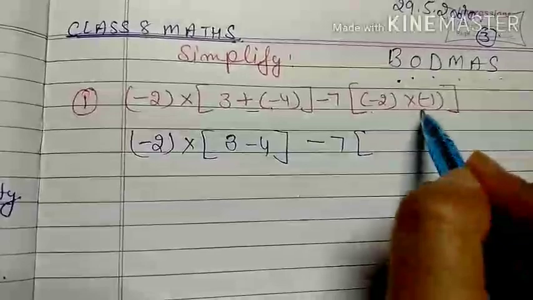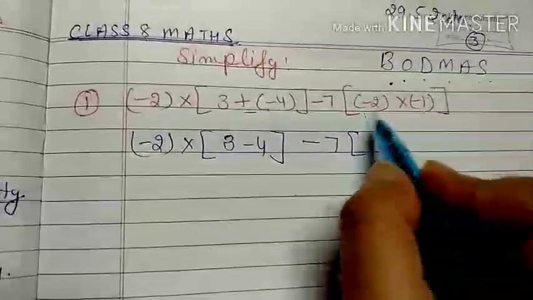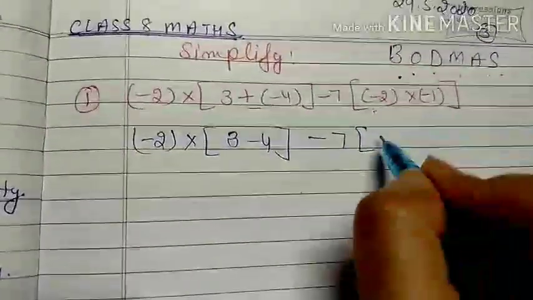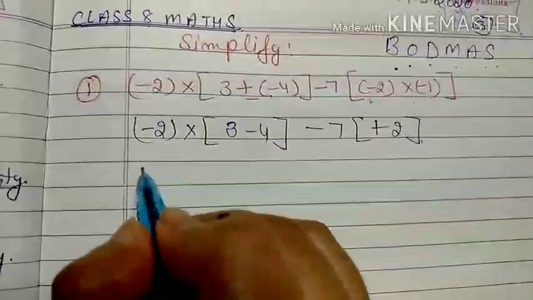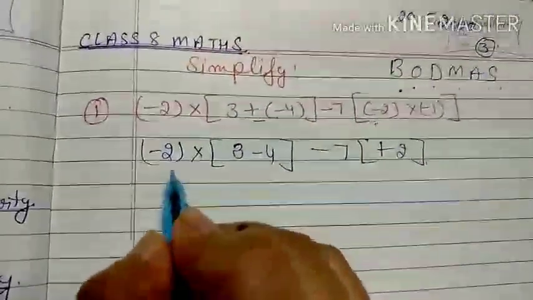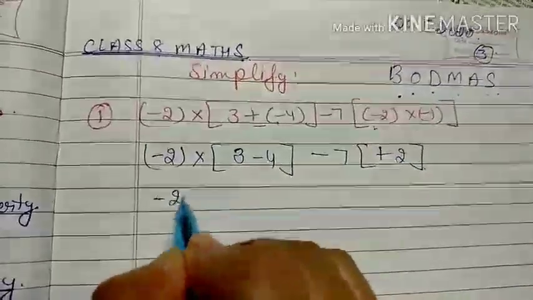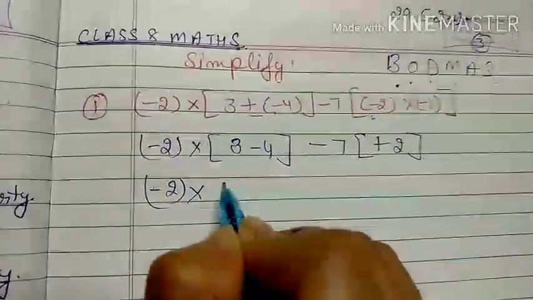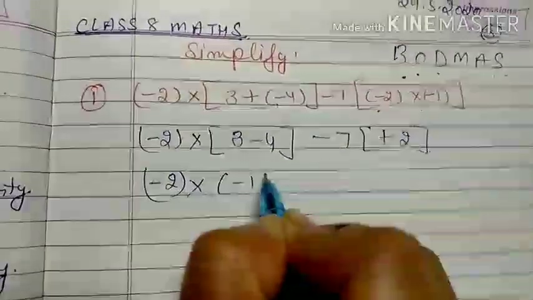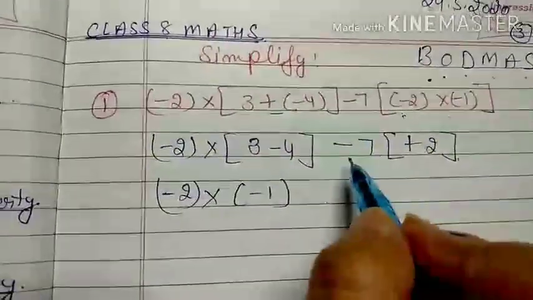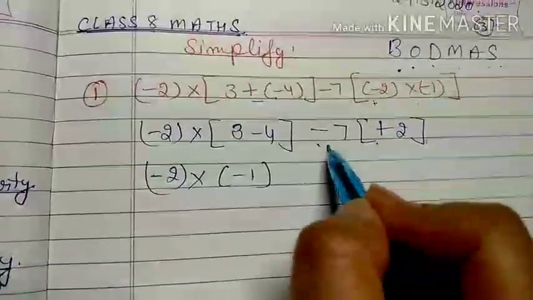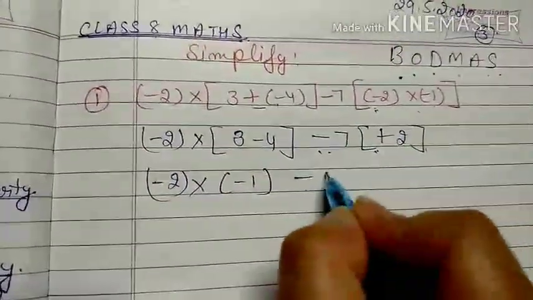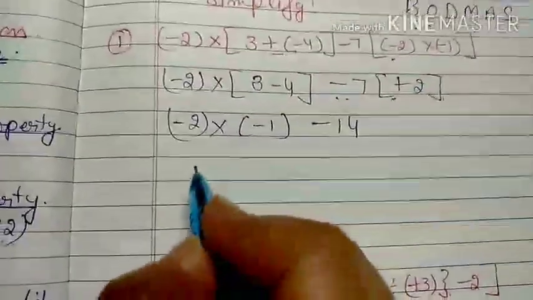When minus 2 multiplied by minus 1, negative with negative gives you positive 2. Here minus 2 stays as it is, because we still have to open the other brackets. Then 3 minus 4 gives you minus 1, and here a negative sign is there, inside is a positive sign. Now negative multiplied by positive, and 7 2s are 14, that gives me negative of 14.